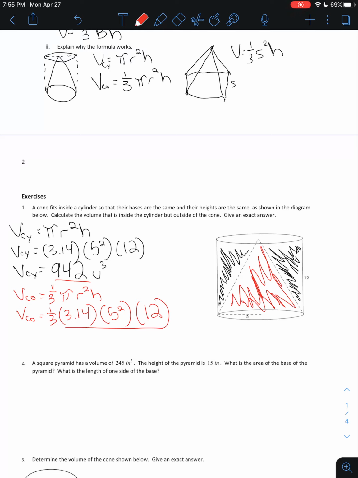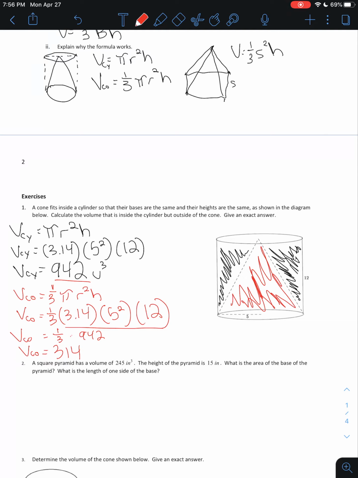So let's say 942 times 1/3 equals our volume of the cone. You could do times parentheses 1 divided by 3, and you should get your volume of the cone equals 314.